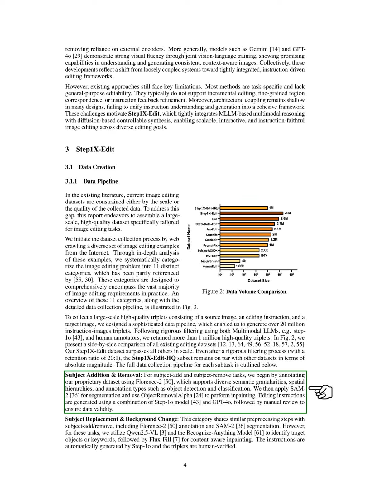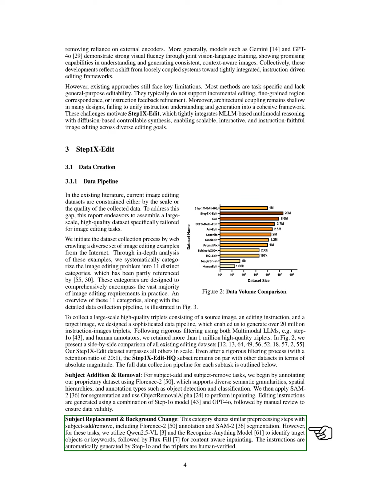For specific tasks, we follow a detailed process. For subject addition and removal, we annotate our dataset using Florence 2 for various semantic details and apply SAM2 for segmentation. Editing instructions are generated with the Step-10 model and reviewed manually. For subject replacement and background changes, we use similar preprocessing steps and employ Qwen 2.5-VL for identifying target objects, followed by content-aware inpainting.